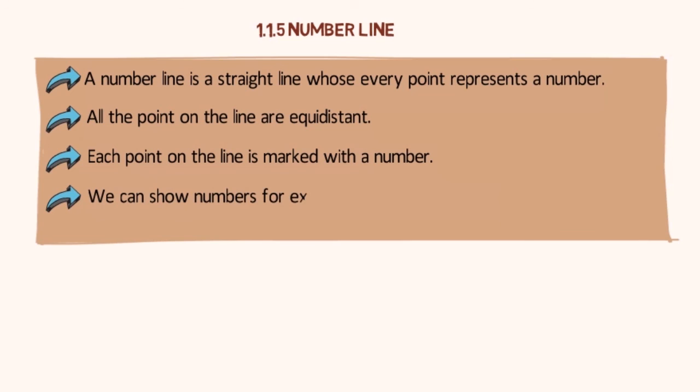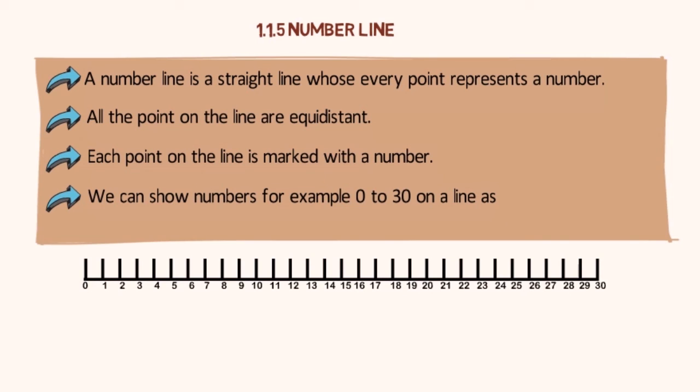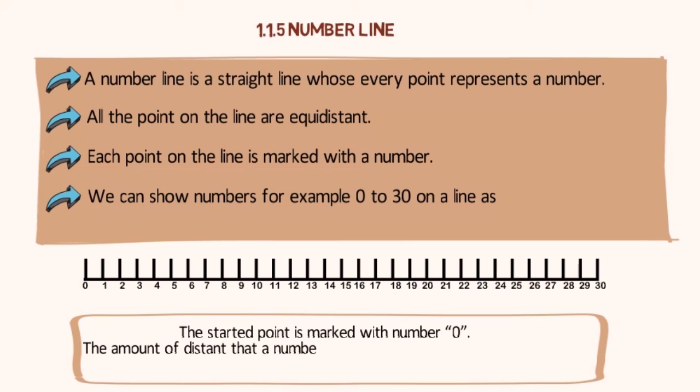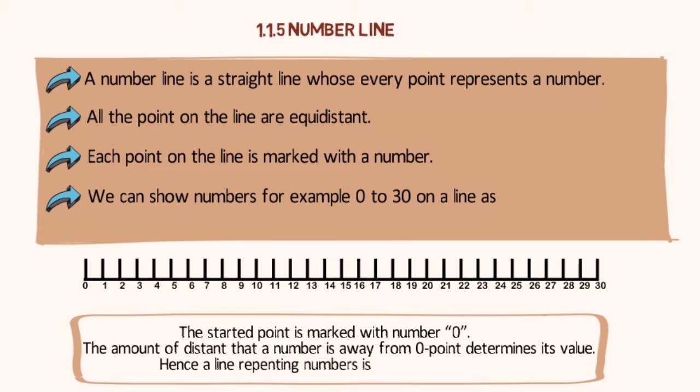We can show numbers, for example, 0 to 30 on a line. The starting point is marked with number 0. The distance of a number from the 0 point determines its value. Hence, a line representing numbers is called a number line.